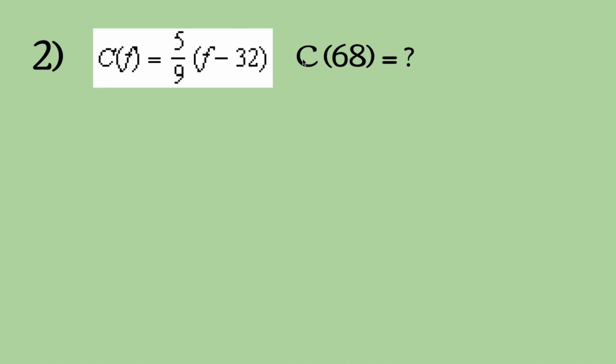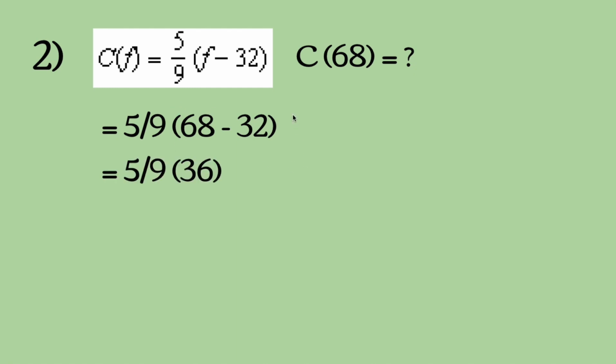When we have f of x or C of f or anything of that sort of a function, we just take this number and treat it as x, or in this case f. So we would just substitute this into f here. We would get 5/9 times 68 minus 32. We can simplify this down to 5/9 times 36, and after computing that, we have 20 degrees Celsius.